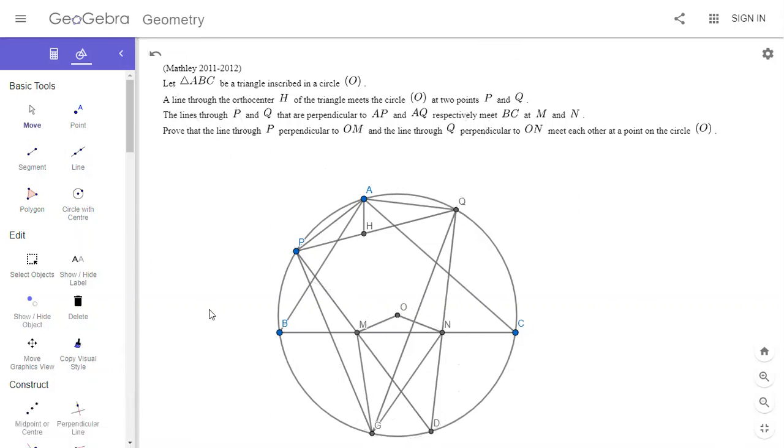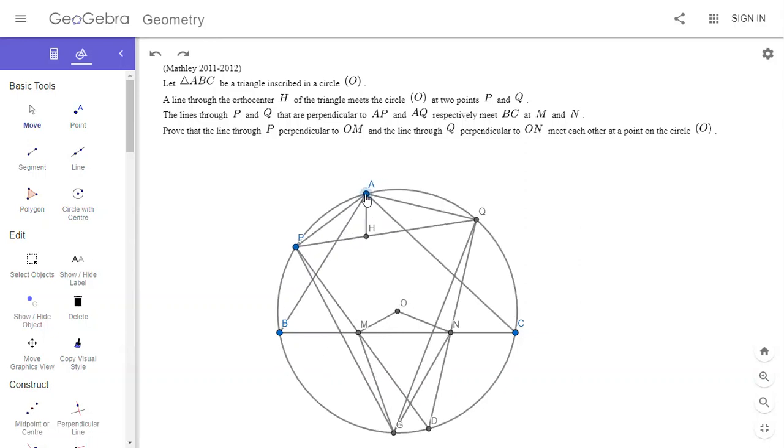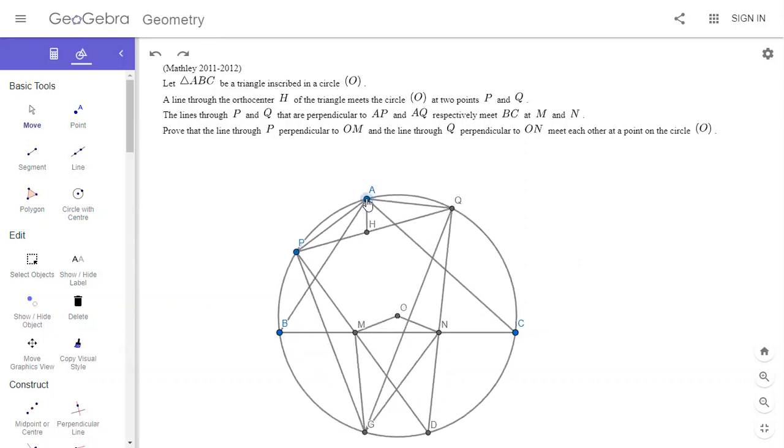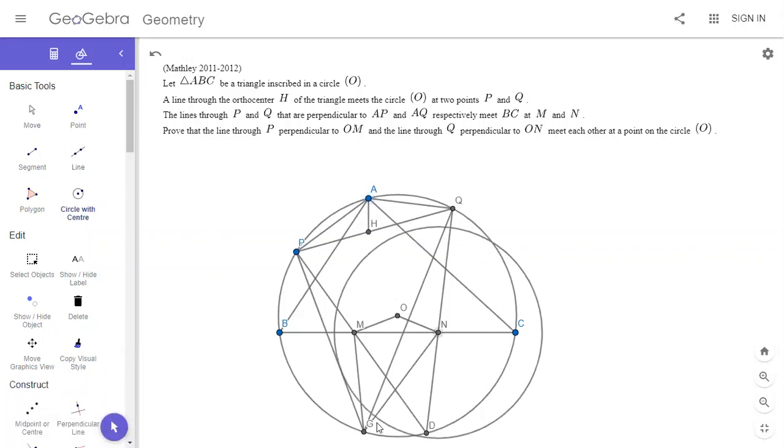Oh, so that means MGP is isosceles. Huh. So MGP is isosceles. I guess we missed that. And NGQ is isosceles. Is that obvious?